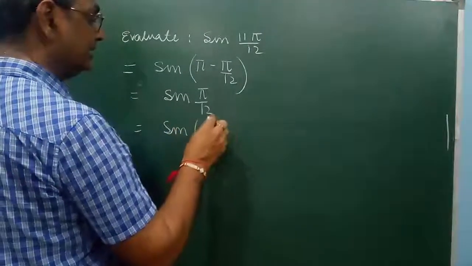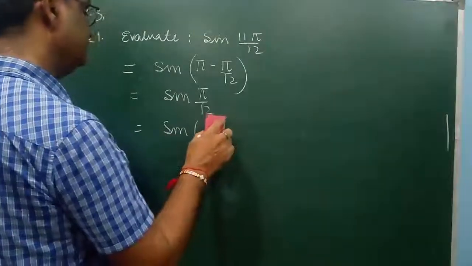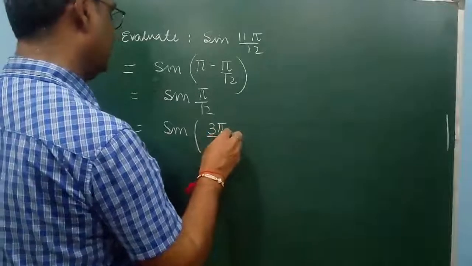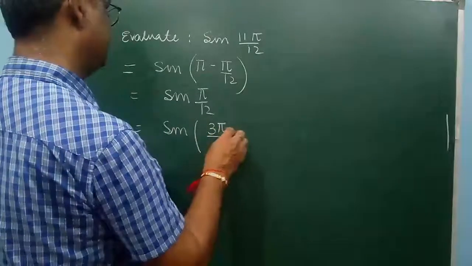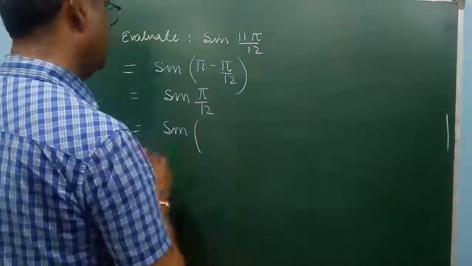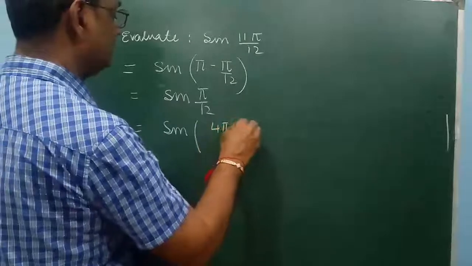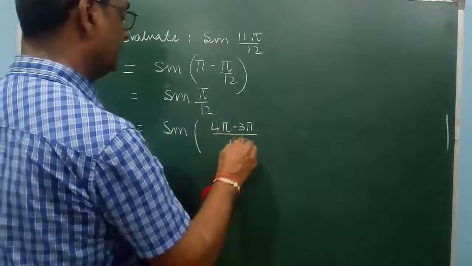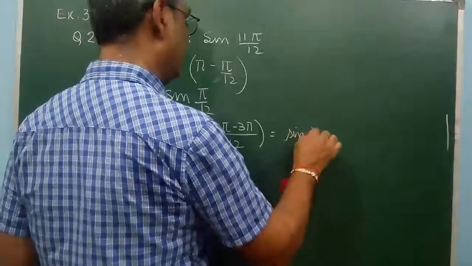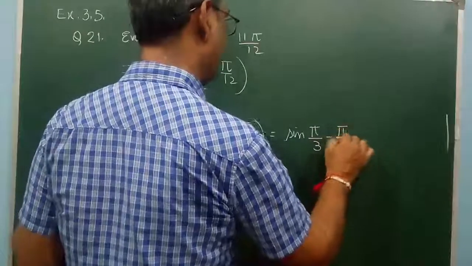We can write it as 4 pi by 12 minus 3 pi by 12, and this will be sin of pi by 3 minus pi by 4.